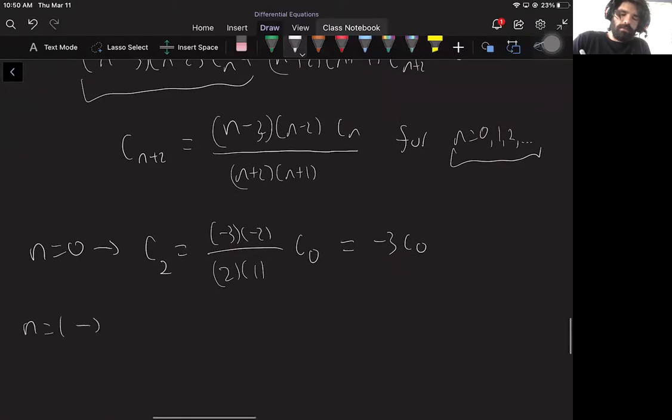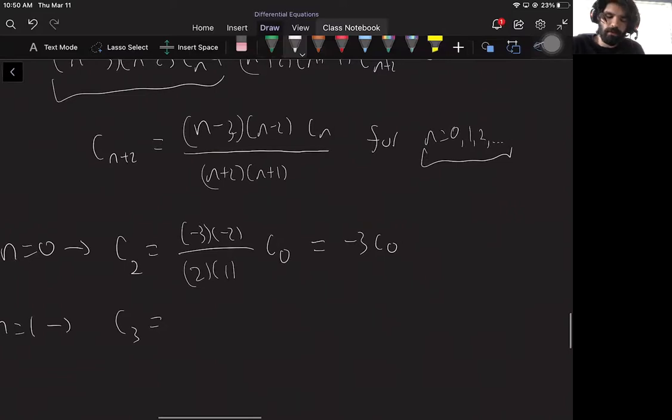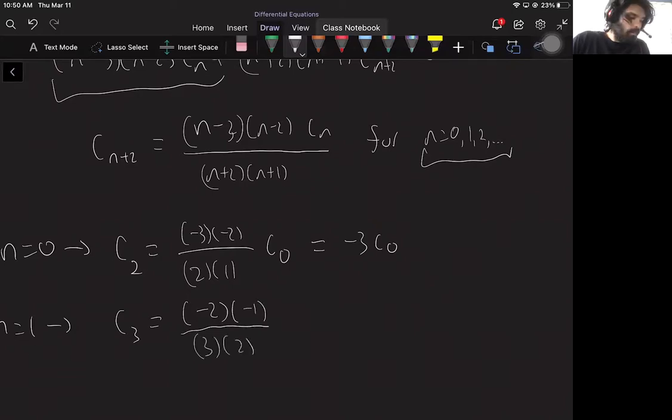I plug in 1. Again, I'm going to get the third term in terms of C1 now. So if I plug in 1, I get -2 times -1 over 3 times 2.